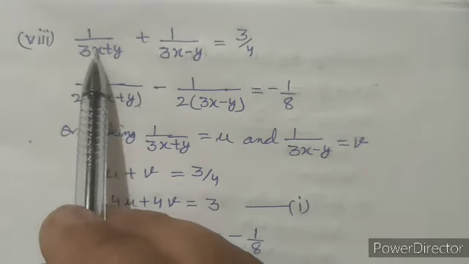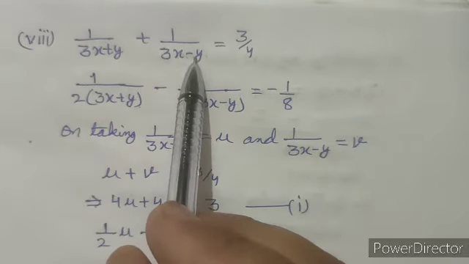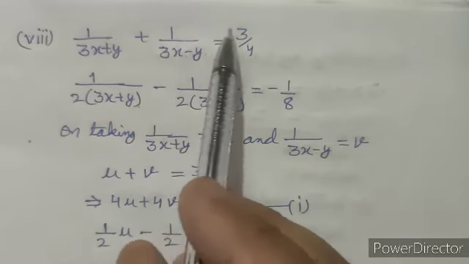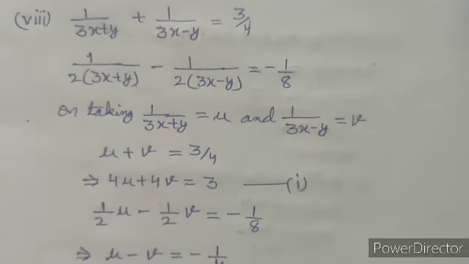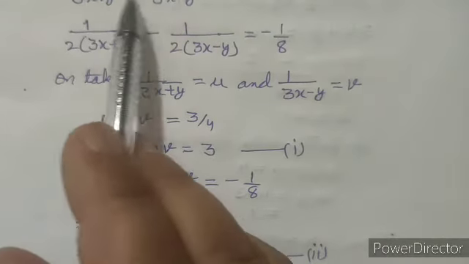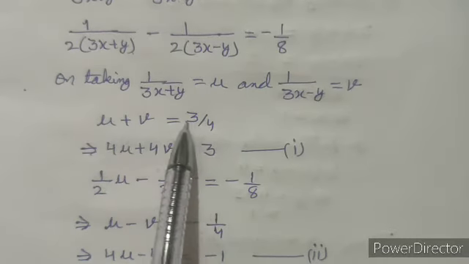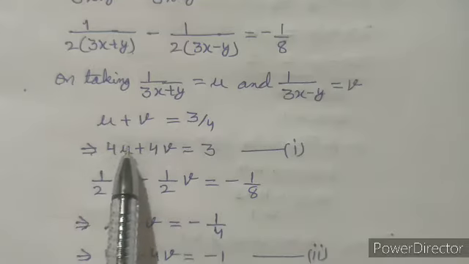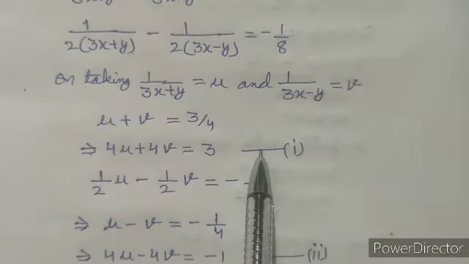Now on taking 1 upon 3x plus y equal to u and 1 upon 3x minus y equal to v, this equation first will be reduced to u plus v equal to 3 by 4. On multiplying both sides by 4, we will get the equation 4u plus 4v equal to 3. And that I have taken as equation first.